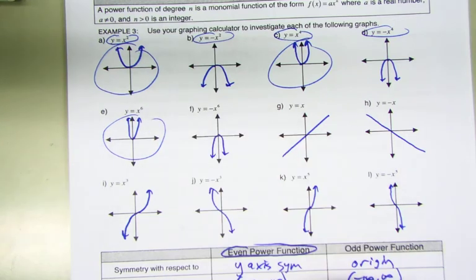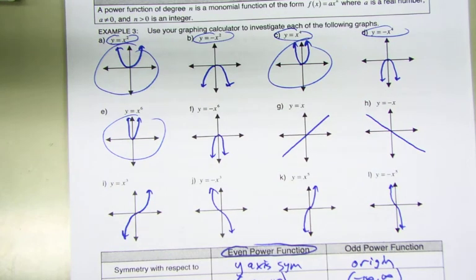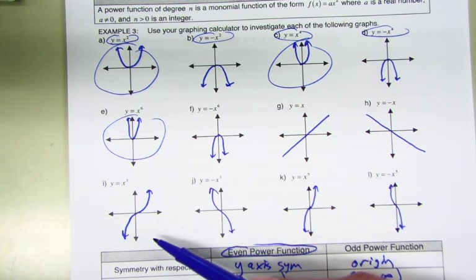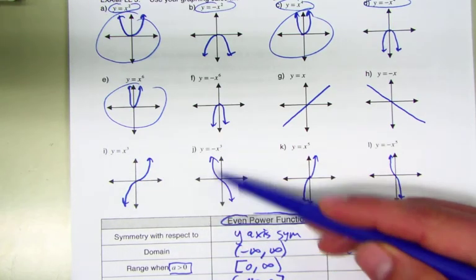But if it's negative, they all flip over, right? Good. What about for all the odd-powered functions? What's the range? Yeah, all of these go from negative to positive infinity, right?